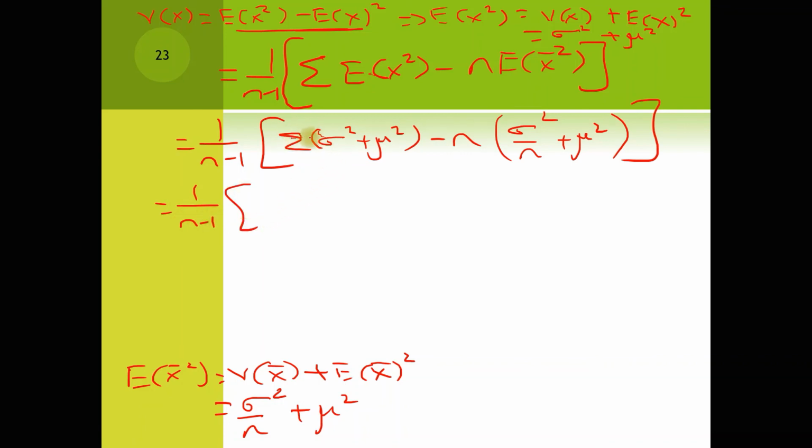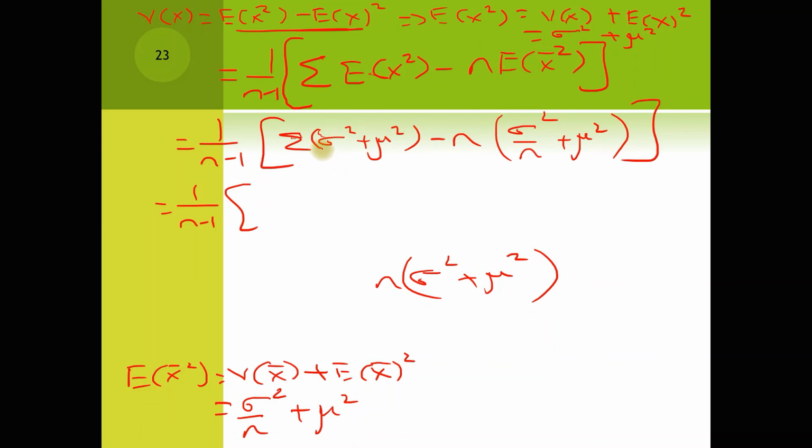And then if you are summing sigma squared, let's suppose you sum sigma squared n times, you get n sigma squared. But if you sum sigma squared plus mu squared n times, you get n times sigma squared plus mu squared. Bear in mind that now sigma squared and mu squared are not random variables, but constants.